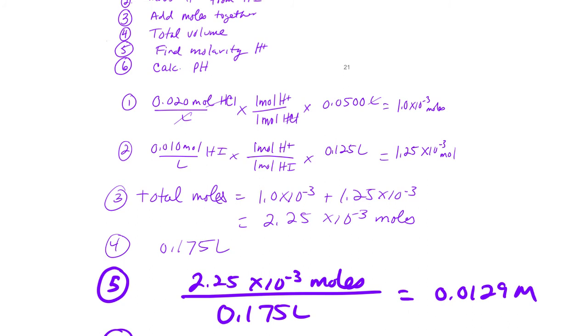pH is equal to minus the log of that value. And I end up with 1.889. And if it's not acidic, you've made a mistake.